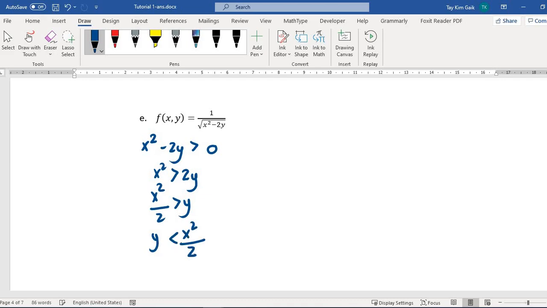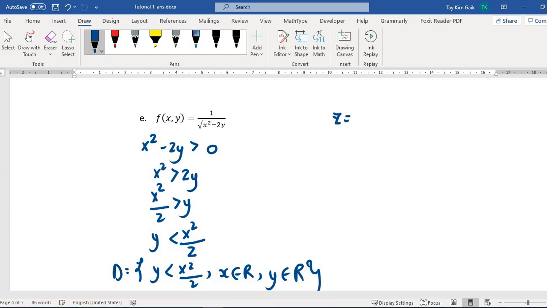So this is the domain such that y is less than x squared over 2, where x is a member of the real numbers, y is a member of the real numbers. Okay, for the range, you know the second is 1 over x squared minus 2y. Okay, the denominator value is either 1 divided by 0.